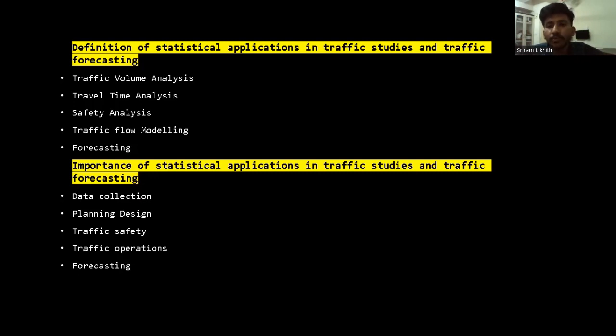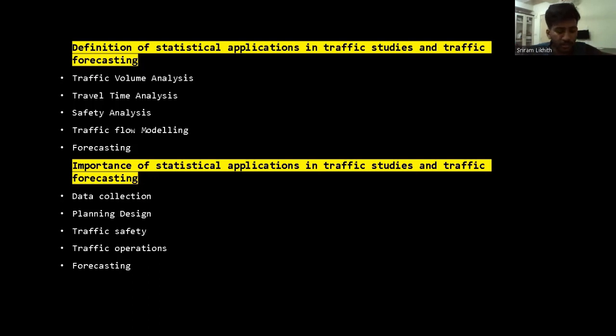It consists of two parts, journey time and running time. By using statistical techniques, we'll be separating those journey time and running time, and we'll be calculating the total average time taken to travel between the source and destination.